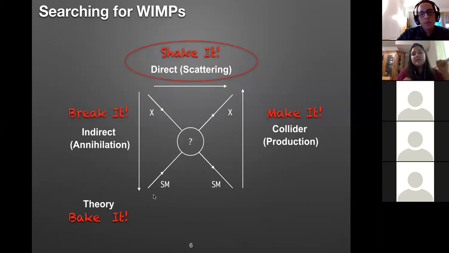Because we saw some normal matter get hit, we know that nothing else could have hit it, since we built a really pure detector that is shielded from all other regular radioactivity that we're used to with particles bouncing around. If we eliminate all those other options, then we could say, aha, it got hit by dark matter. And that's what we call direct detection, and it's a scattering experiment.